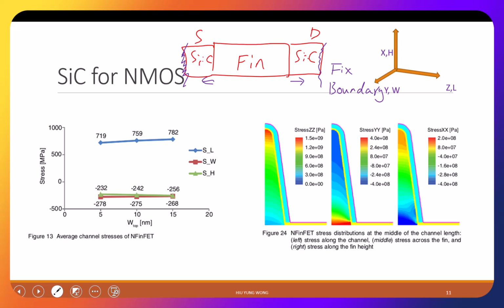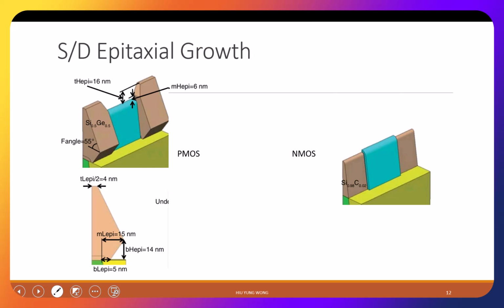Okay, good. Now, just to give you some numbers. You see that, as you just asked, right? How do we get this doping, or dope, I just call it doping, this silicon germanium or silicon carbide, right? You need to grow the epitaxial layer, right? So here I show you some of the shape and typical angle and typical number.